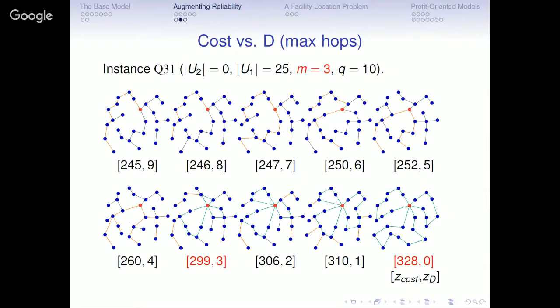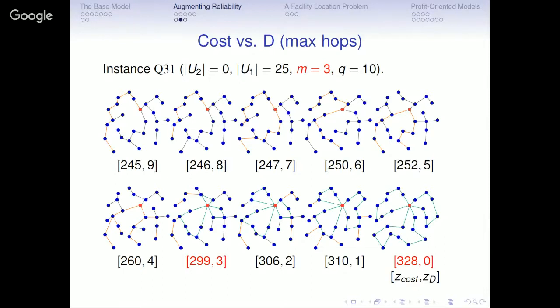And at a certain point, look at the red one here, it switches to, from now, I install rings. It makes sense to install rings because installing rings gives a certain safety. These customers are just taken out of the danger zone. There's nothing wrong with them anymore. And we have to pay more, which is 299, but get a maximum hop number of 3.